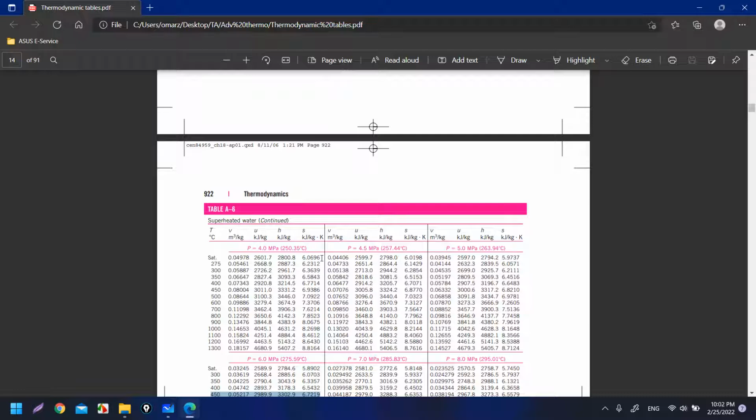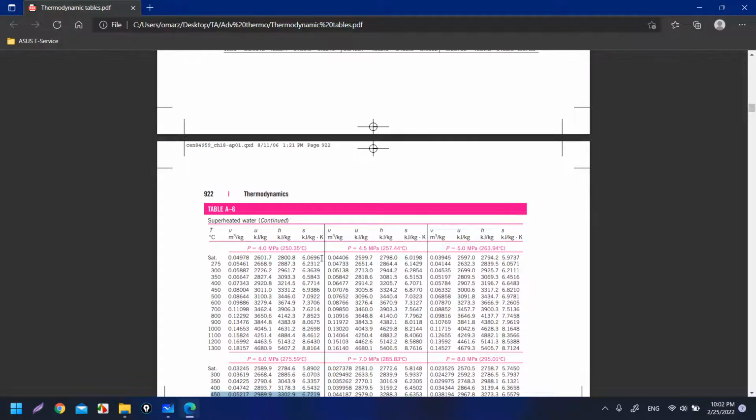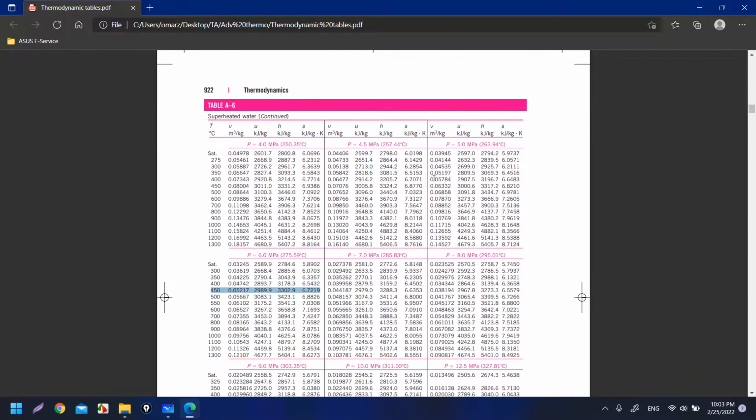Because you need to find H4S before you find H4A. Usually you find everything for the ideal before you calculate anything you want for the actual. And we need S3 because it is equal to S4S. So I need to get H3 and S3.